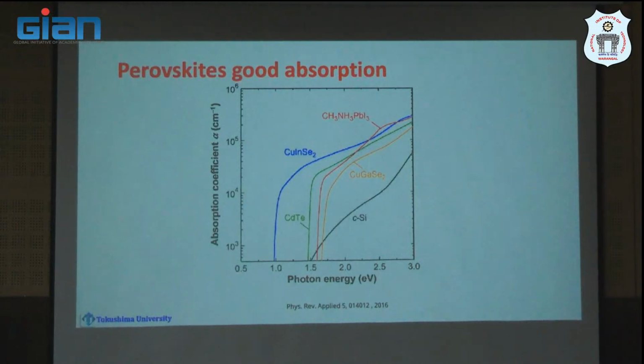It can absorb maximum energy as compared to only silicon, or some kind of composite like CdTe, CGS or CIGS type of material. So perovskite, they have a kind of ternary compound, with lead and indium.